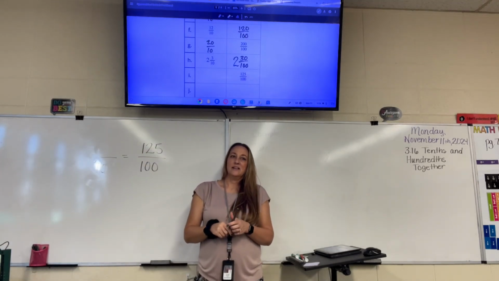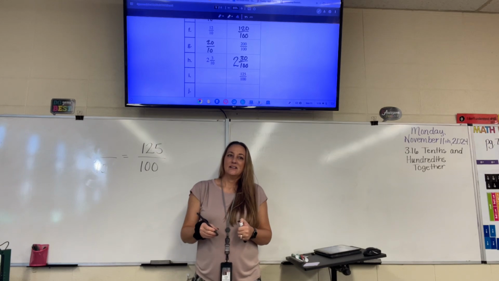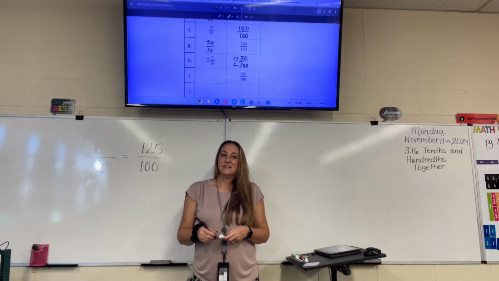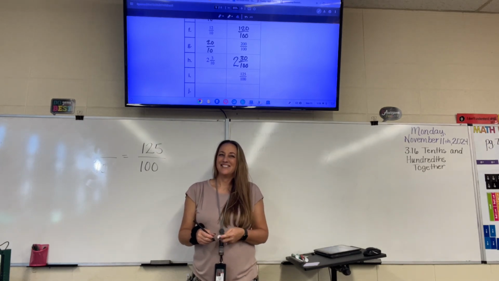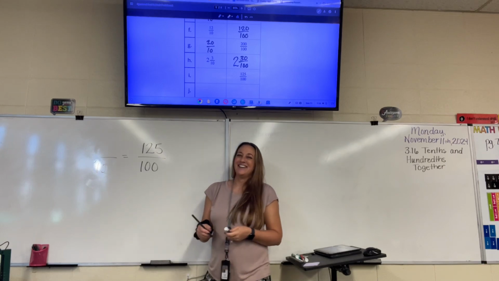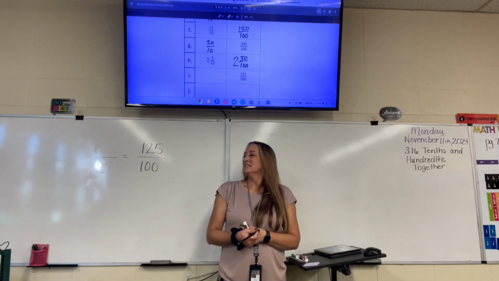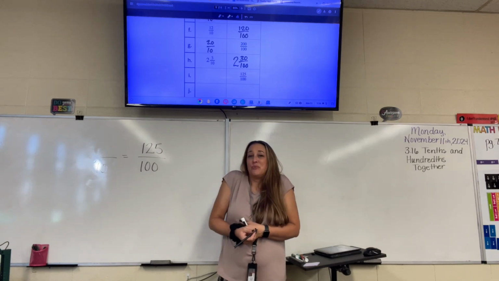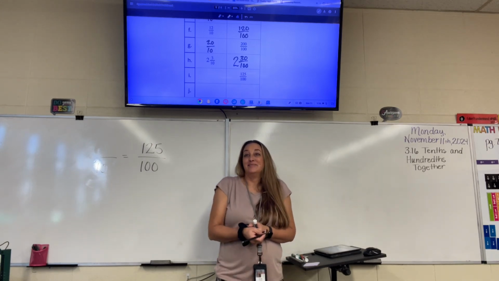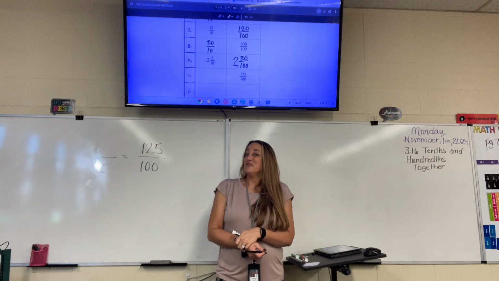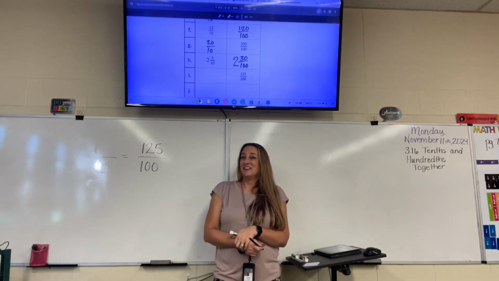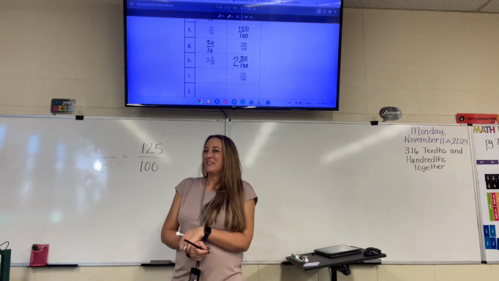Athena? Gotcha. Okay. Colton? 25 tenths. We can't just randomly drop off a 1. 12 tenths. We can't randomly drop off a 5. 125 tenths.